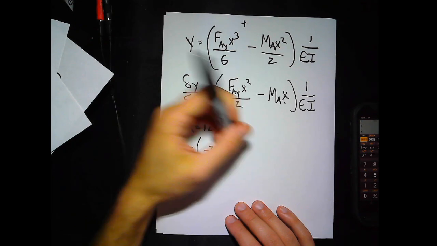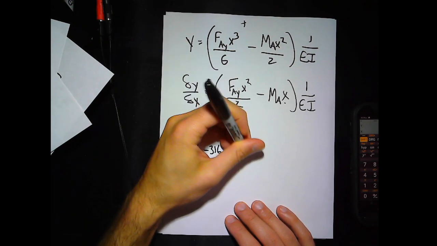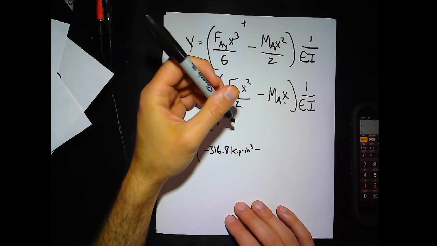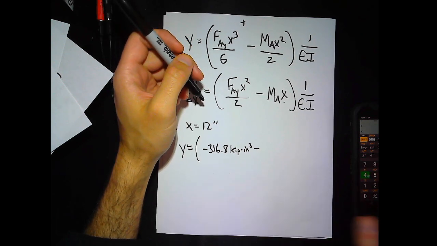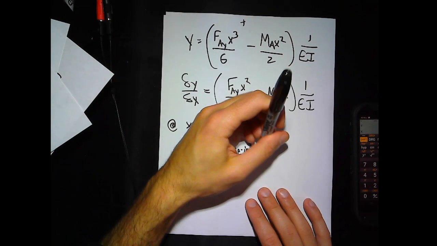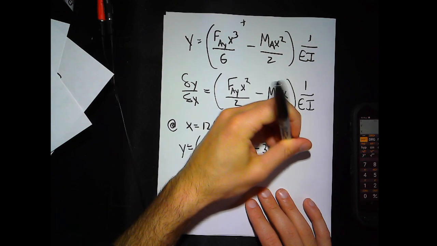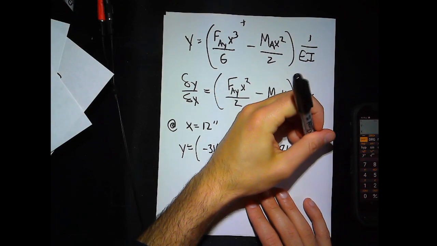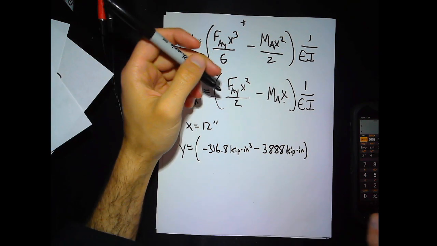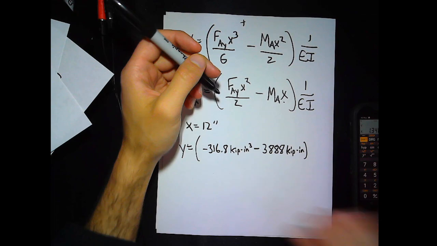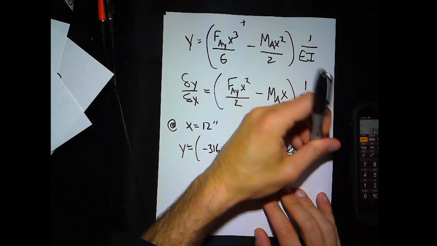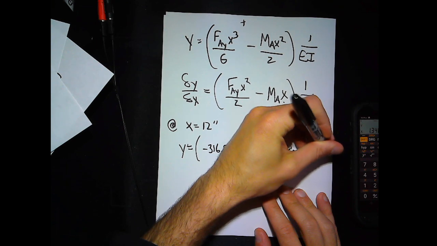That's kip inches cubed, so I'm not dropping units. MA is 54 kip inches, so 54 times 144 over 2 is 3,888 kip inches, times 1 over 29,000 ksi times 256 inches to the fourth, which is 1.347 times 10 to the negative 7th.